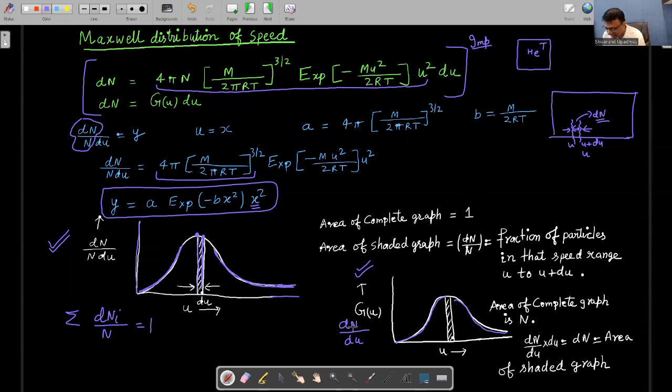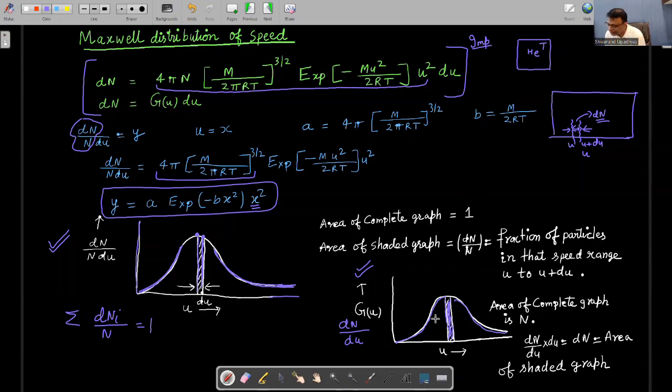If it is the dn upon du versus u graph, then if you take a small strip, the area of that strip is equal to y into x. Y is dn upon du, into du. Du will cancel out, so this will tell the number of particles in this speed range. This is not a fraction, it is the number of particles in that speed range.